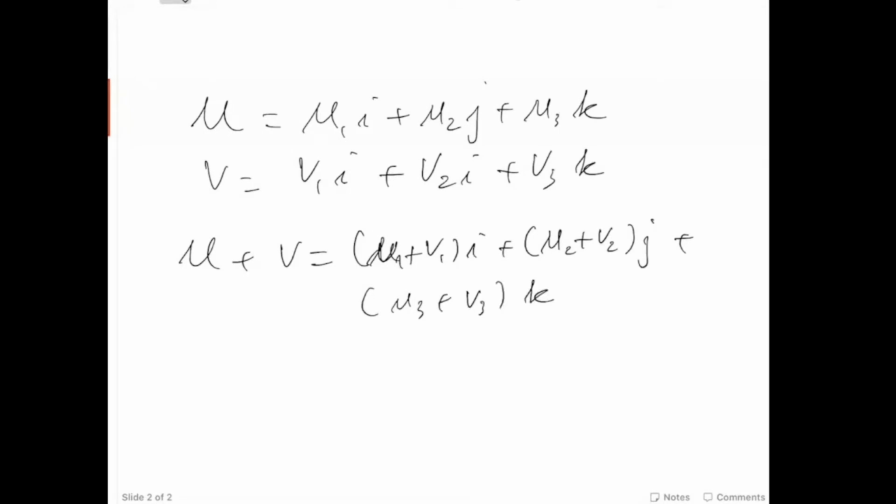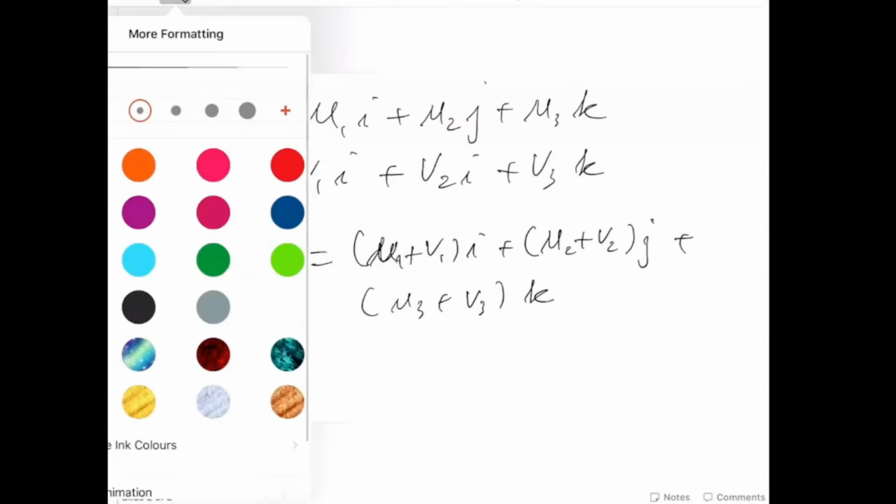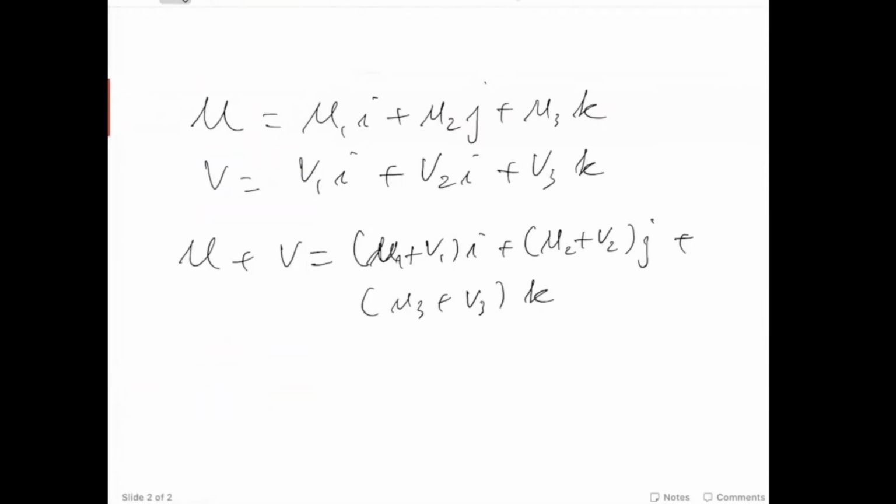And the same if we want to do subtraction, then it's a minus here, and minus here instead of plus. So those are simple operations that you can do with vectors.